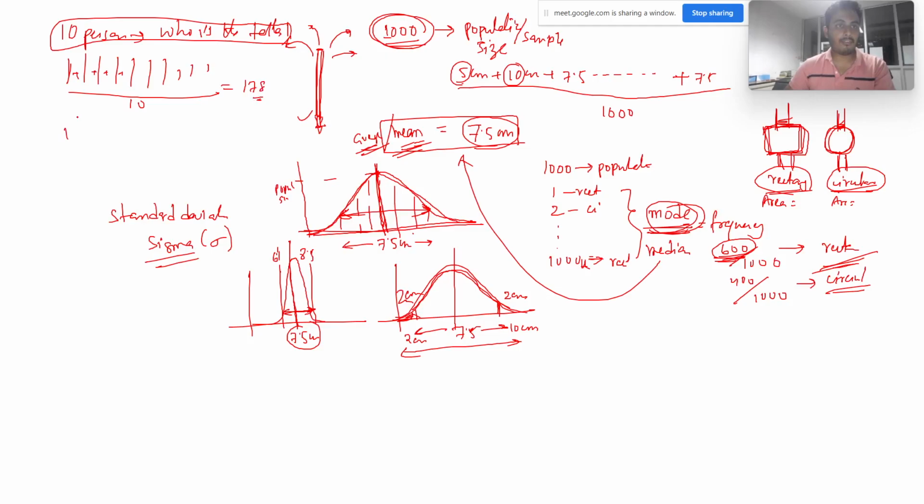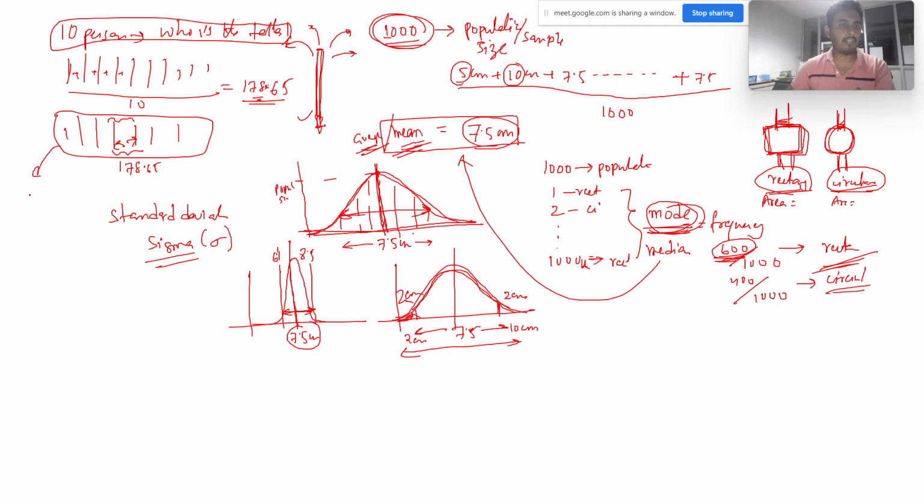Then probably you will end up with some value which is in decimal. You will not get an exact answer. There are people who are less than that, there are people who are greater than that. So using the mean is not an ideal technique. So what you do is use something like a median.